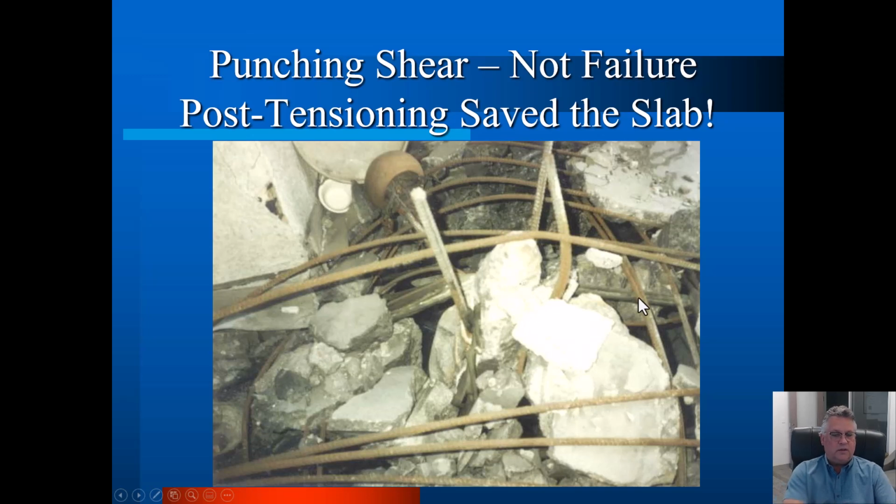I have noticed in my career that whenever there is a kind of a violent event, an earthquake, a car running into a barrier, running into a column, any type of serious impact type loading, concrete tends to shatter off of the rebar. You know, it was once bonded and strain compatibility and all that fun stuff we talk about.